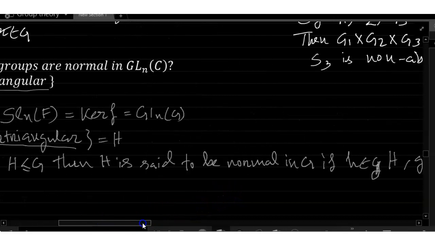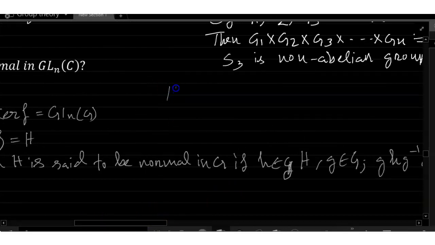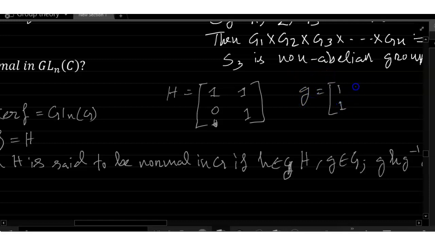Now we will check. Capital H equals to 1 0 1 1 and 1. This is my triangular, right? Triangular, and small g equals to 1 1 0 0, sorry, 1 1.